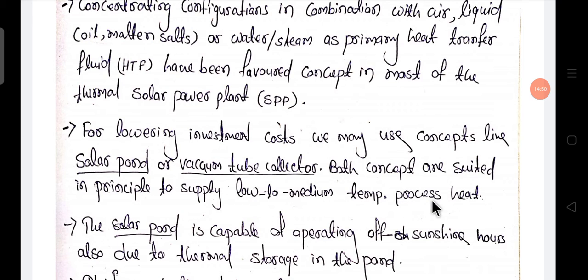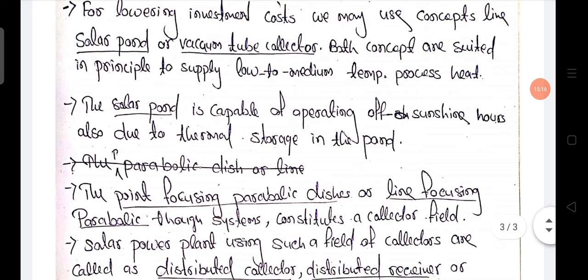That means these two, solar pond and vacuum tube collector, give low to medium temperature, okay. The solar pond is capable of operating off sunshine hours also, due to the thermal storage in the pond. It can be used when there are no sun rays, at night time, because the solar pond has heat storage inside the pond.